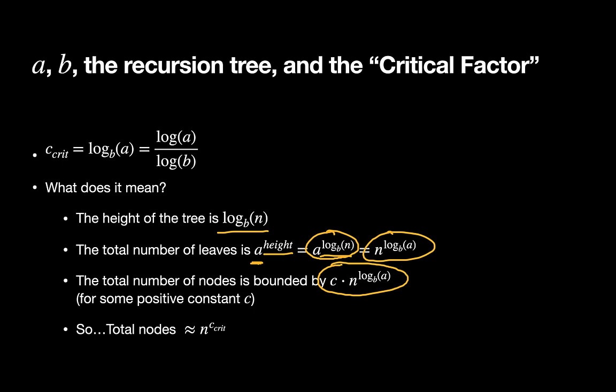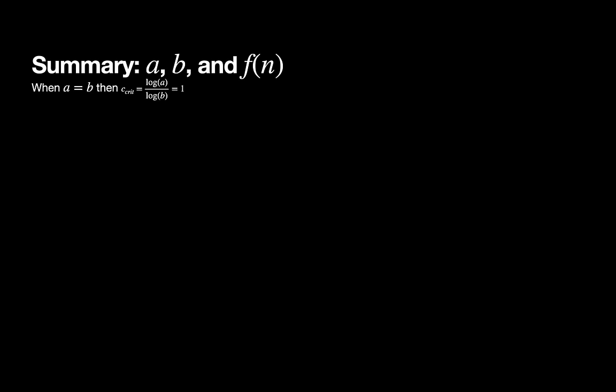Okay, so at this point, this n to the log base b of a, this critical factor, is somehow related to the overall total number of nodes in the tree. Okay, and that's really the big takeaway here. The critical factor, n to the critical factor, is somehow related to the overall size, the overall number of nodes in the tree. So let's go back and look at our different examples there.